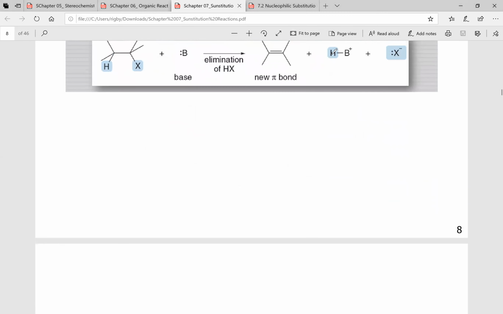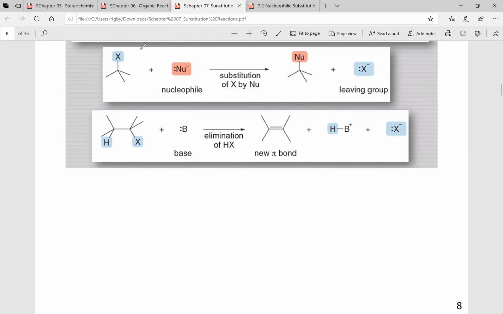For example, OH negative, a well-known base, is a nucleophile, okay? But not all bases are nucleophiles. It just depends on a couple of factors that we'll talk about a little bit later. It's just to clear up here that nucleophiles can be bases. Don't get these mixed up too much, okay?